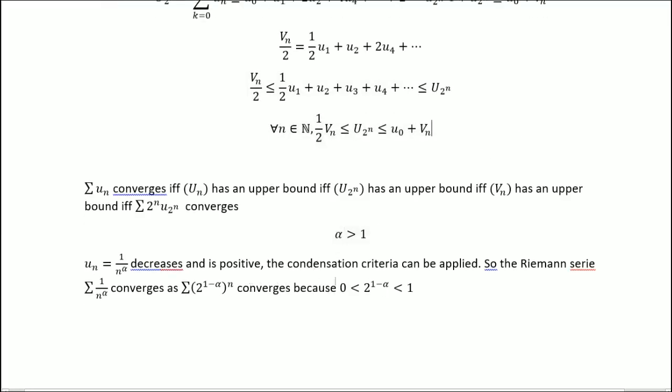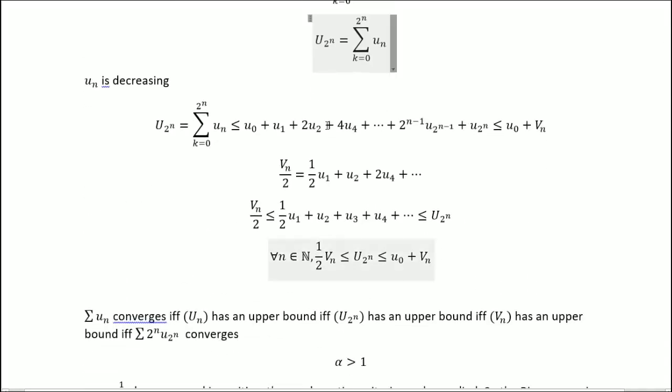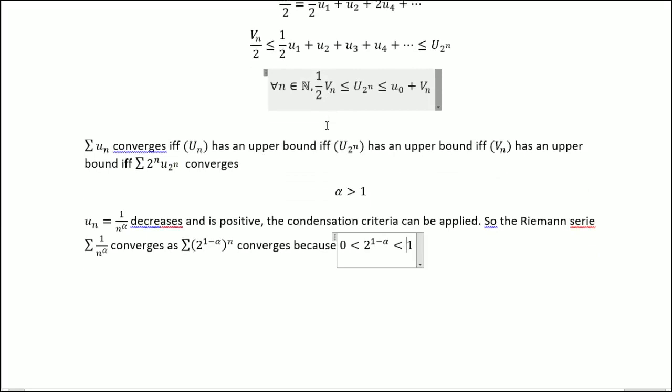So it converges because 2^(1-alpha) is between 0 and 1, so we used the criterion. So that's it with Riemann.